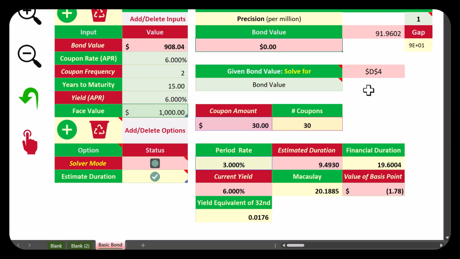Now, calculating a bond value is easy, but carrying a bond in your portfolio has several risks. One of those risks is the interest rate risk.